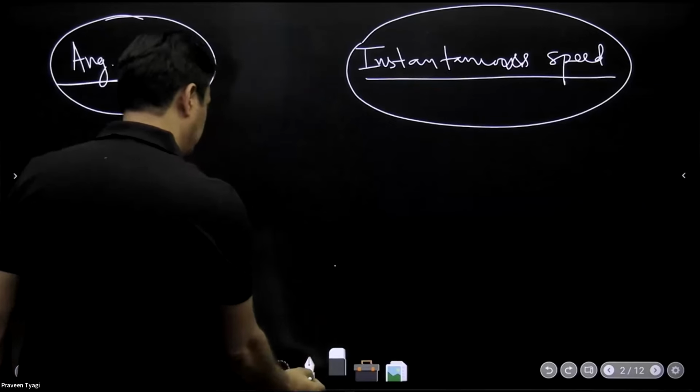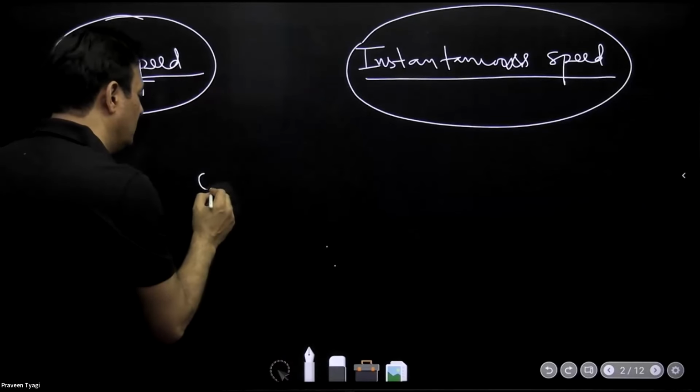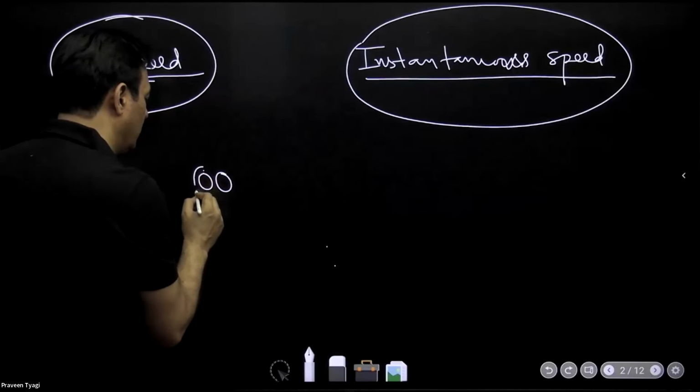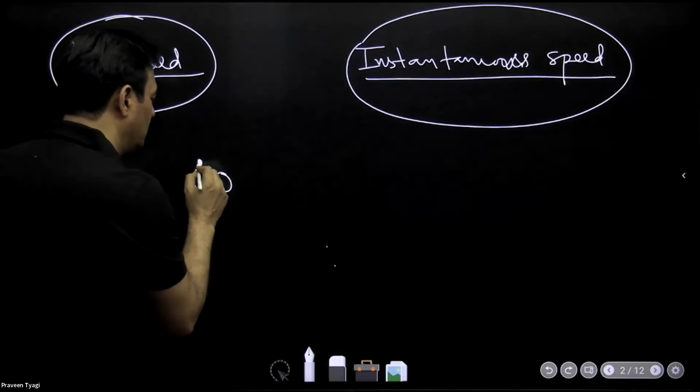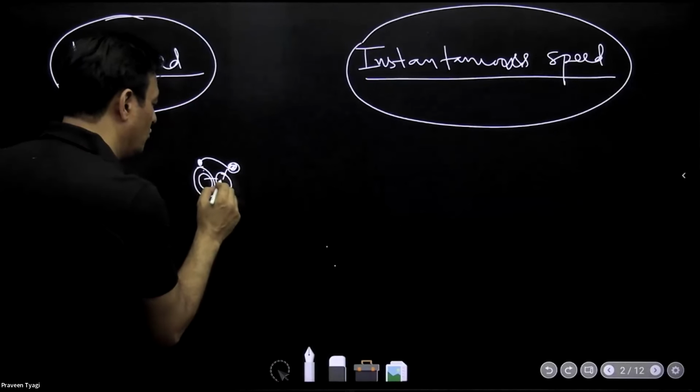Now, I'm going to drive a bike from here. This is my bike, like a sports bike. I'm seated, I have a helmet and I am holding the bike.